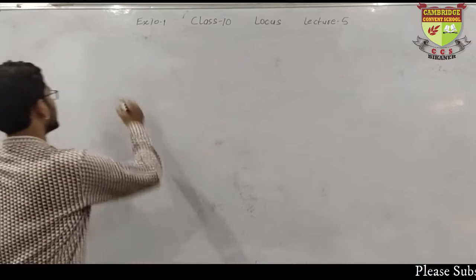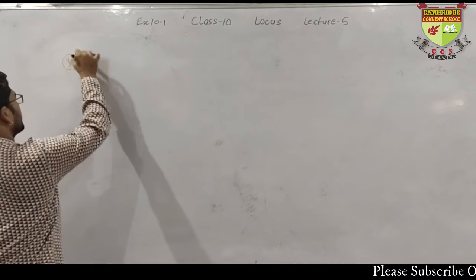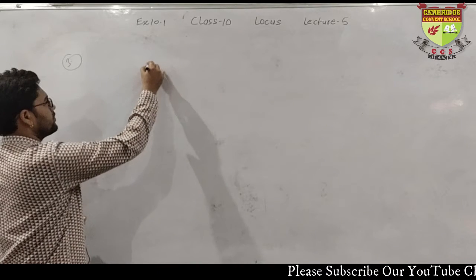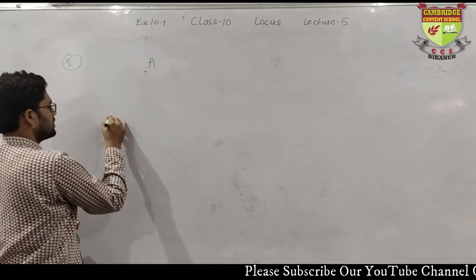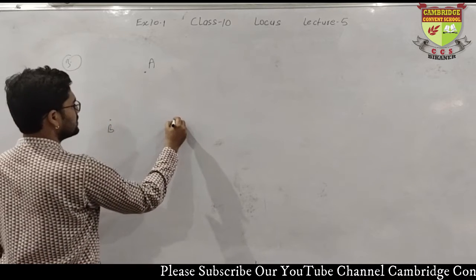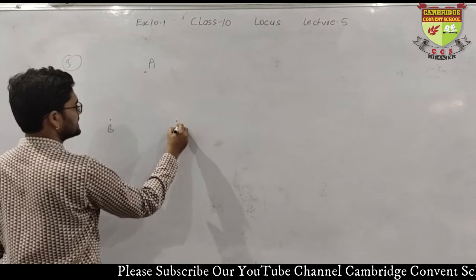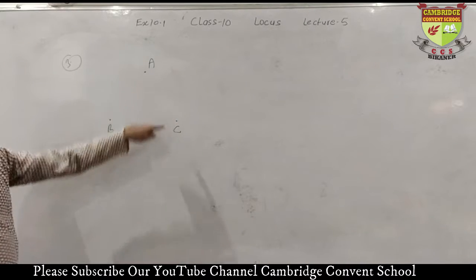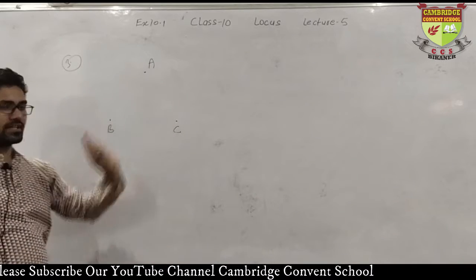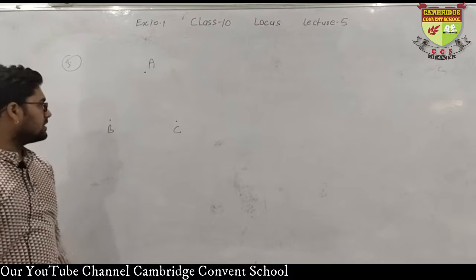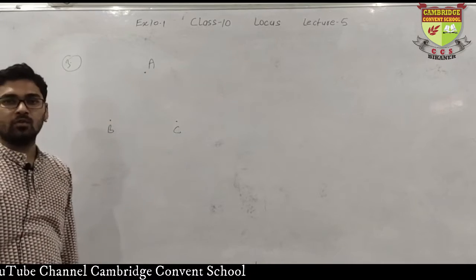So we are doing the third question. There are 3 points, point A, point B and point C. They are non-collinear, they are not in a straight line, right? And one more thing, it is given to us that all of them are equidistant.